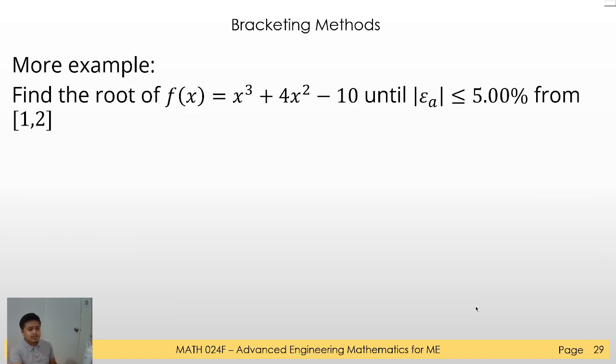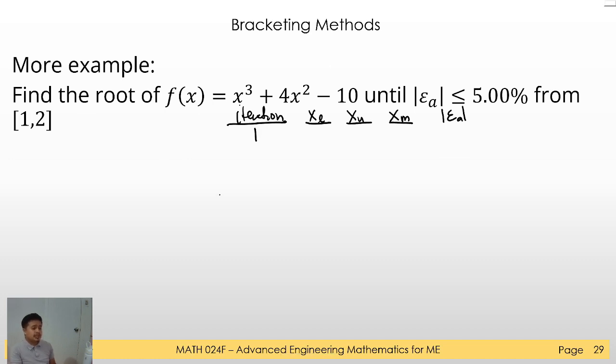Okay, so let's have another example, and let's try doing this in a quicker way. So to find the root of this function, again, we want to set up our table. We have the iteration counter, the XL, the XU, the midpoint XM, and lastly, the relative approximate error in absolute value.